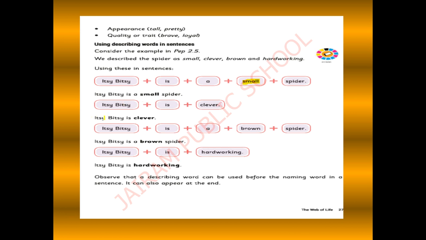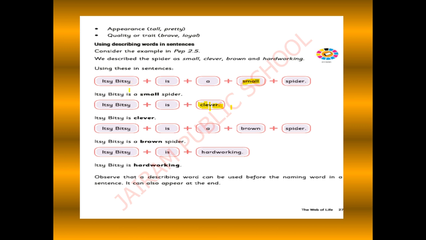Okay, dear. Next one. Itsy Bitsy is clever. Which is the describing word here? Clever. Why do we say clever is a describing word? Yes, because it describes Itsy Bitsy. Who is Itsy Bitsy? Spider. Spider is a naming word.